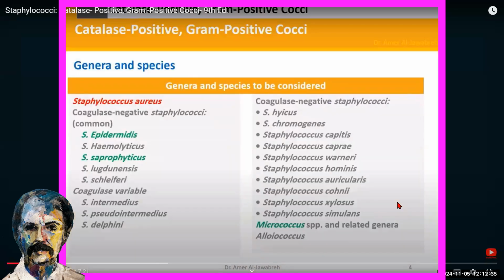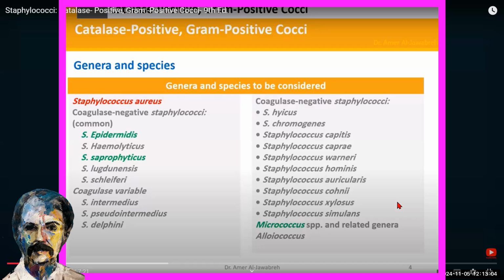Look at this list. This is a list of all staphs and related species. If you look here, we have the one in red, the ones in green, and the ones in gray. The one in red is the most important. Why? Because it's the most pathogenic and very commonly isolated.